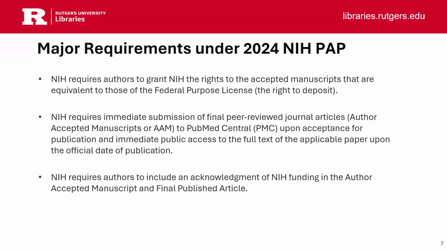The federal purpose license is something like the right to deposit. It is a royalty-free, non-exclusive license that allows federal agencies to reproduce, publish, and otherwise use work funded by federal grants for federal purposes. So the federal purpose license is the right to deposit.